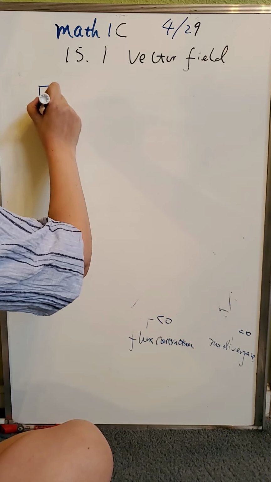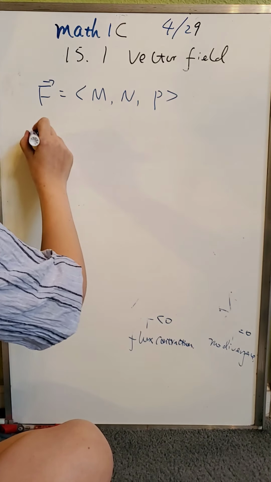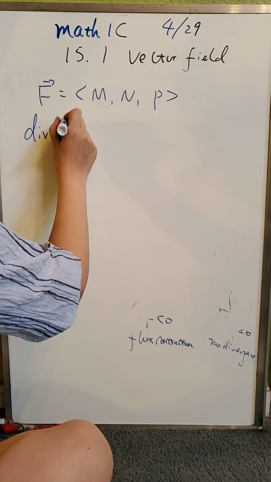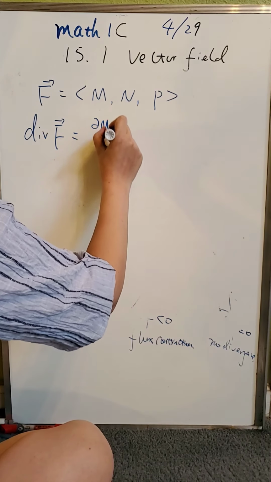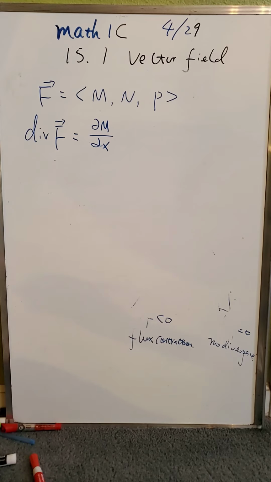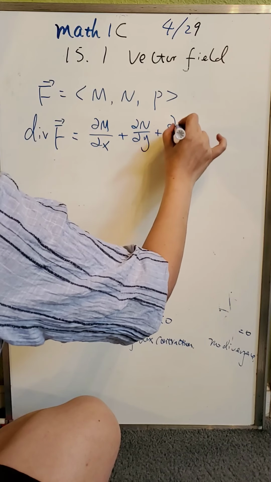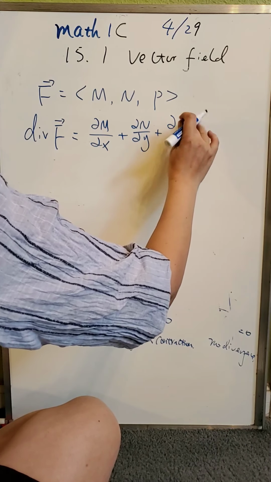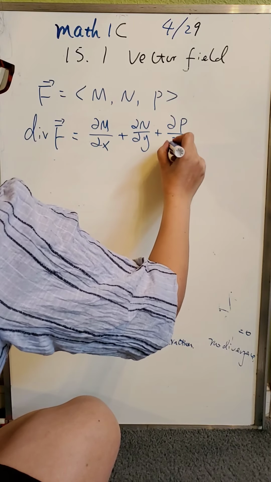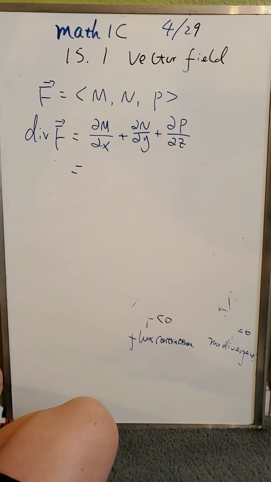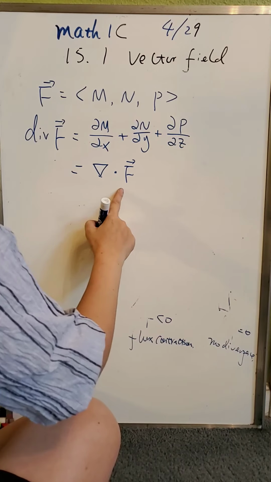So here's a vector field F equal to M, N, and P. Divergence is just a measure of the flux. The divergence of the vector field is equal to del M over del x, plus del N over del y, plus del P over del z. Sometimes in some books, they use this notation, which they also call divergence.